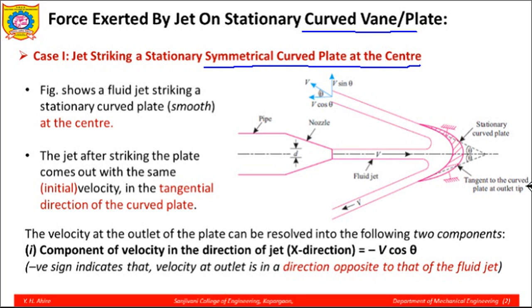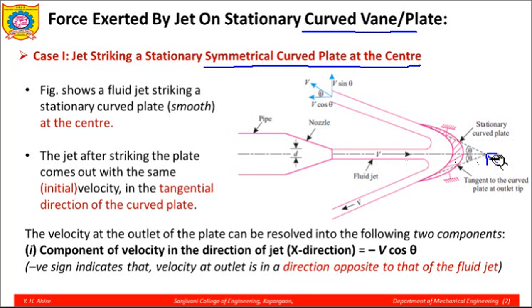These are tangents to the curved plate at the outlet tips, right? And both of these tangents meet at one point. This is one particular point, right? Both tangents make an angle theta with the axis of the jet, or with the x-axis.